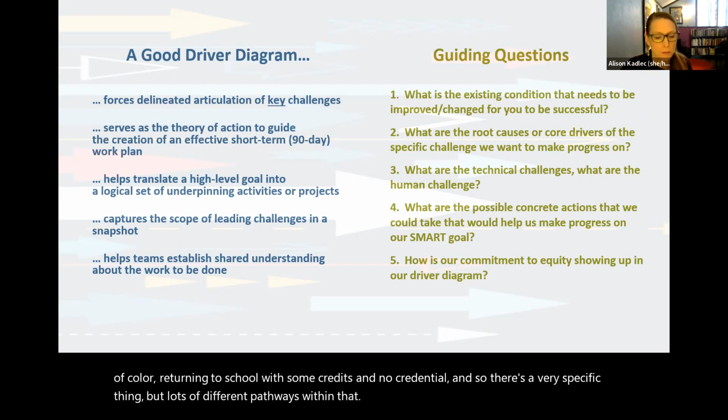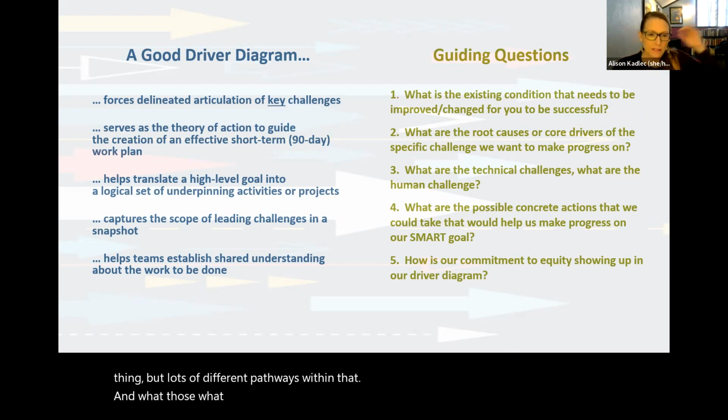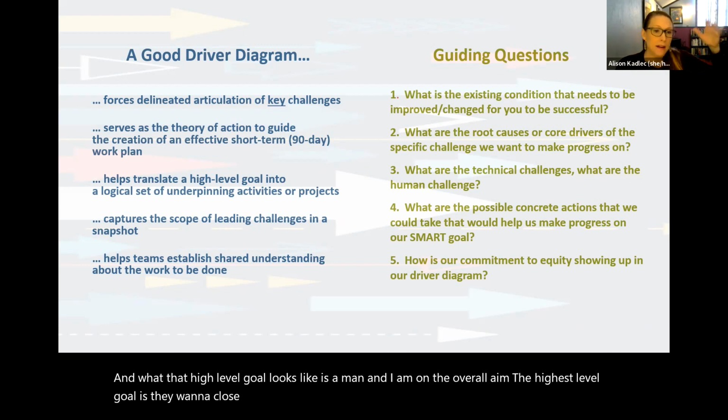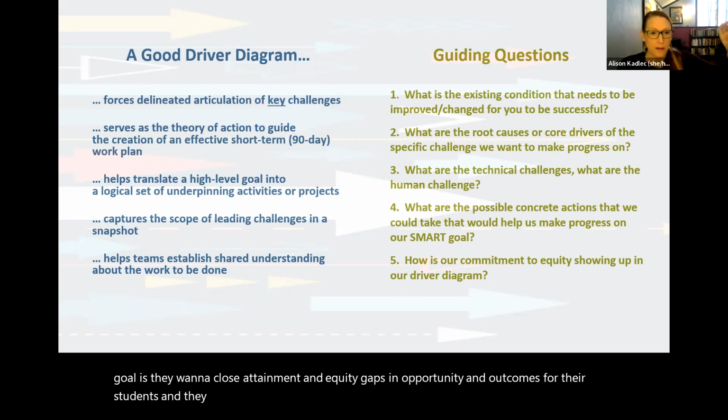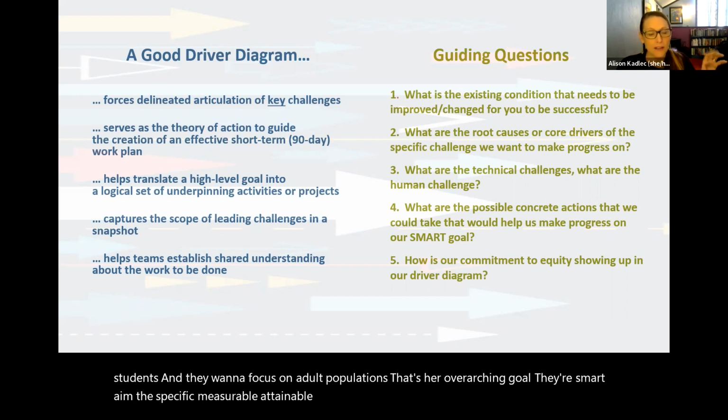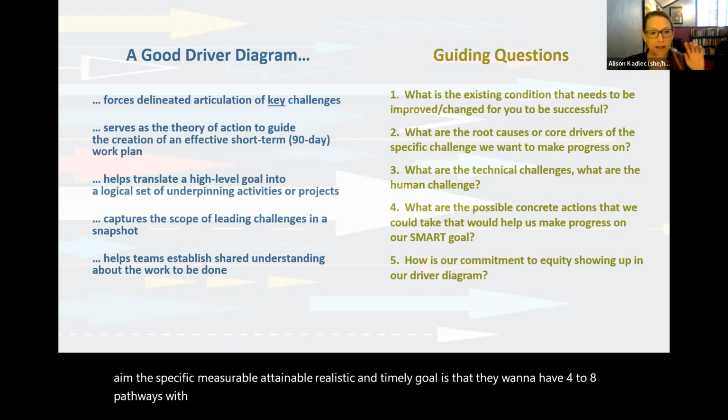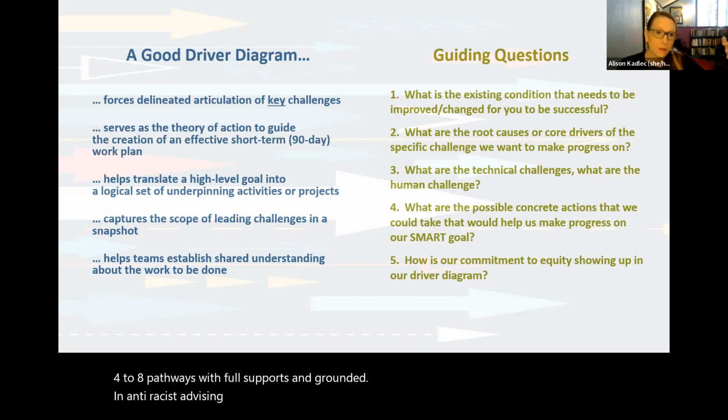The highest level goal is they want to close attainment and equity gaps in opportunity and outcomes for their students, and they want to focus on adult populations. That's their overarching goal. Their SMART aim, the specific, measurable, attainable, realistic, and timely goal, is that they want to have 4 to 8 pathways with full supports, grounded in anti-racist advising practices and aligned to workforce outcomes, up and running by fall 2022.